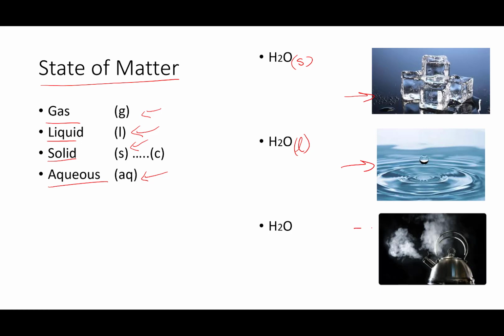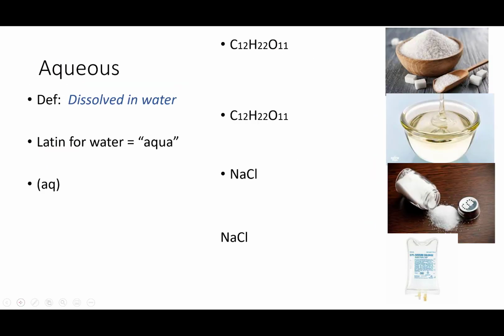And for water vapor, I would go H2O(g), lowercase g. So with a simple addition of that state of matter indicating subscript behind the product, I can say if it's a solid, a liquid, or a gas, and that tells me an awful lot about what form the chemical is in.